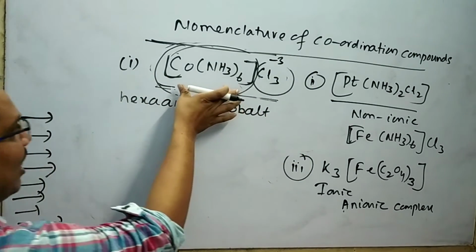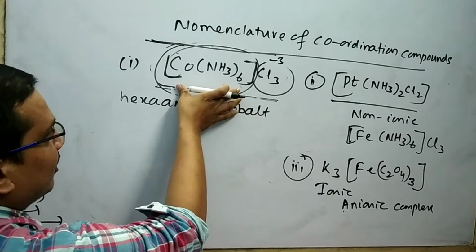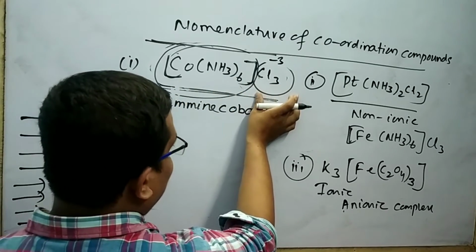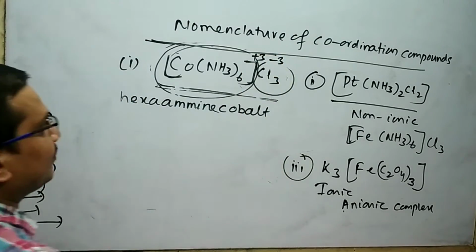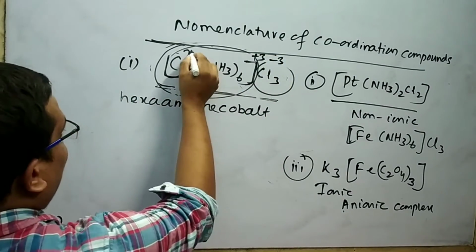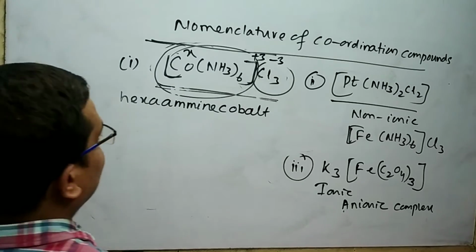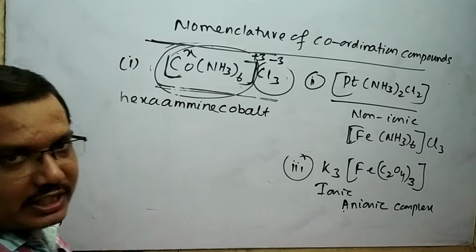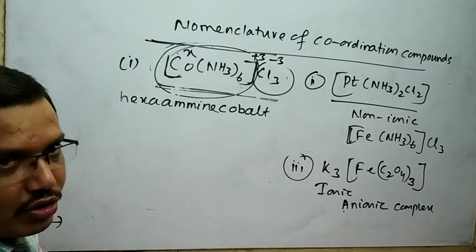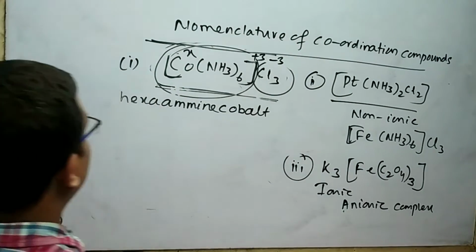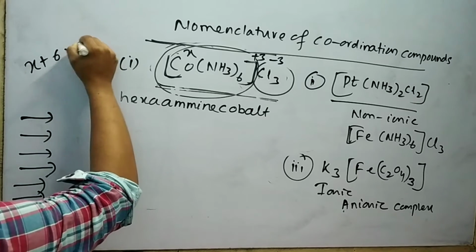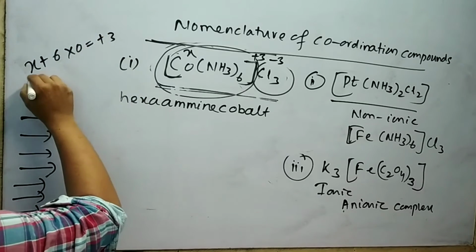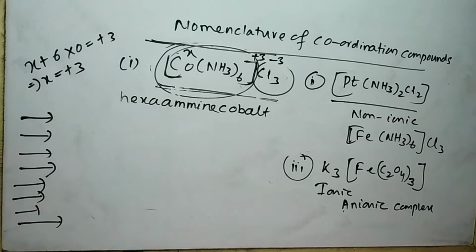We know that the oxidation state of this part plus the oxidation state of this part is equal to 0, so it is bound to write +3. Let the oxidation number of cobalt be X. We know that the oxidation number of NH3 is 0 because NH3 is a molecule, so I can write X plus 6 into 0 equal to +3, which implies that X is equal to +3.